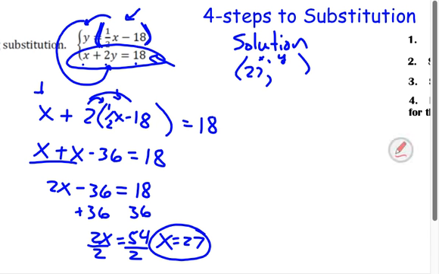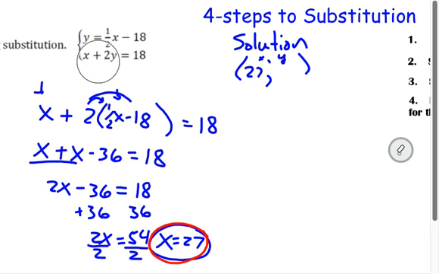Well, how do we do that? You know x is equal to 27, so you just plug it into one of the other two equations for x and then solve for y. Being this first equation here, if I can clean it up a little bit, it's already solved for y.